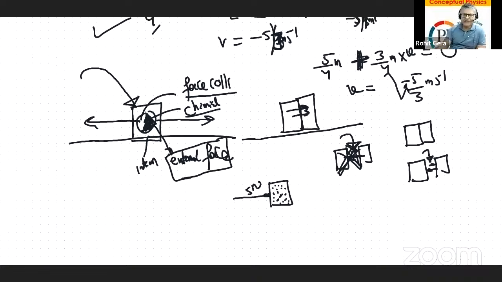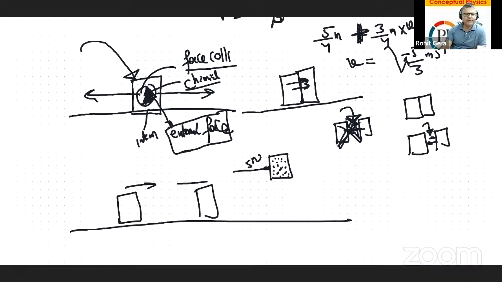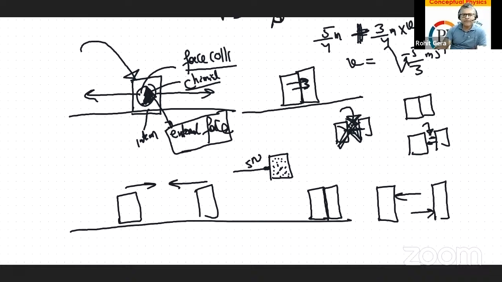Even in a collision where the exchange of momentum happens between the two bodies, say they're moving in opposite directions and they collide. Now this is the scenario of collision, and they touch each other. And when they're touching each other, if you draw a free body diagram, the right one is applying a force here, and the left one is applying a force here. But are we considering this to calculate momentum?